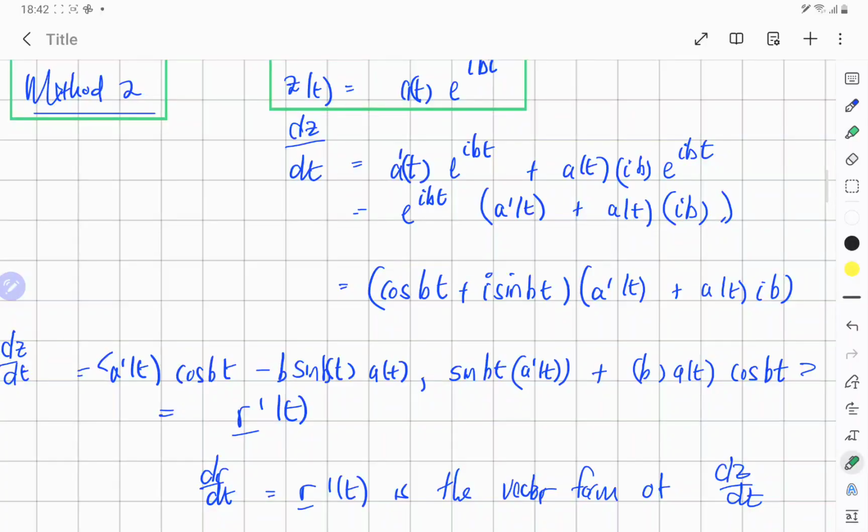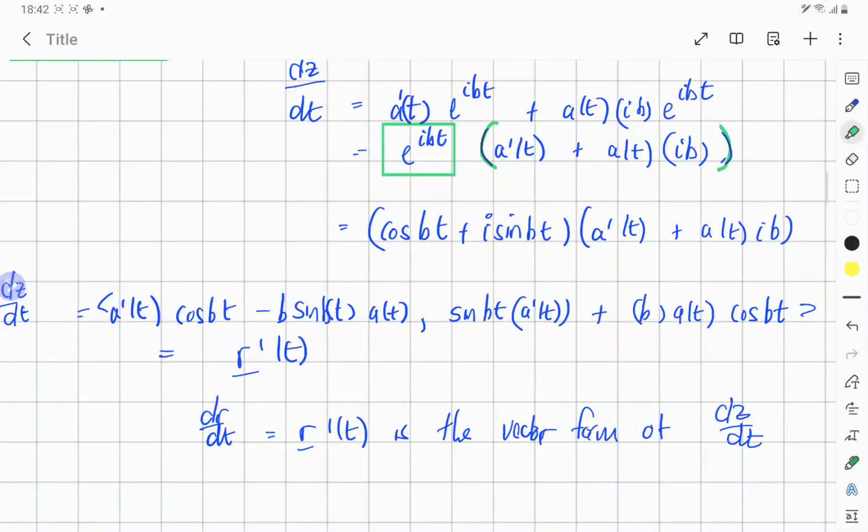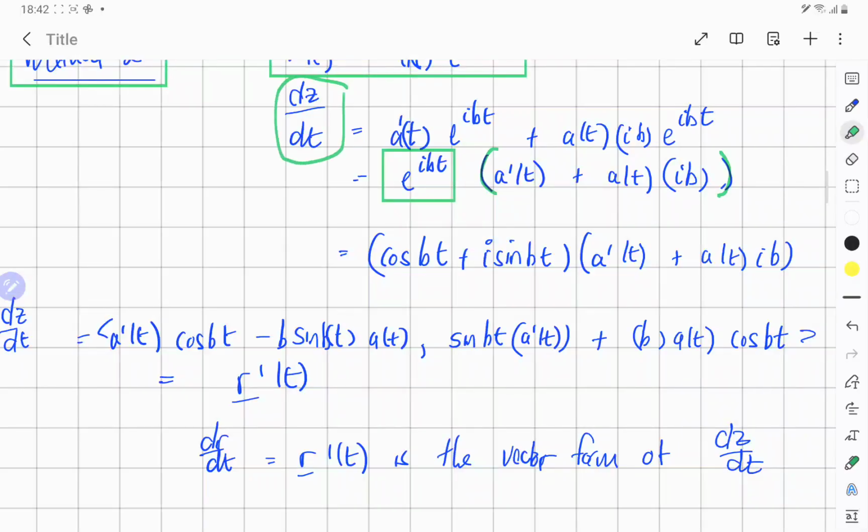Now what I suggest you remember from now on, what I'm going to use a lot, is taking out a common factor of e to the power of ibt. What is left in my brackets? a'(t) plus a(t) ib. So that's when I take out my common factor. But remember, I want my vector form of dz/dt.